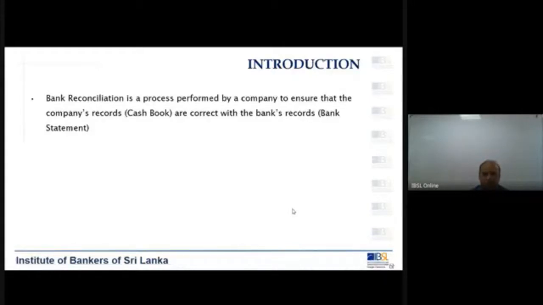Now the bank column records whatever you have recorded, which may not exactly match with the bank's information, because if you have the bank account, then what you are recording in the cash book is actually a mirror image of the bank account.